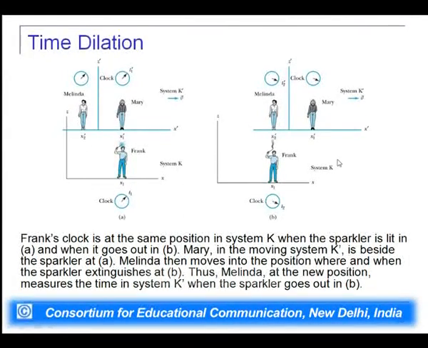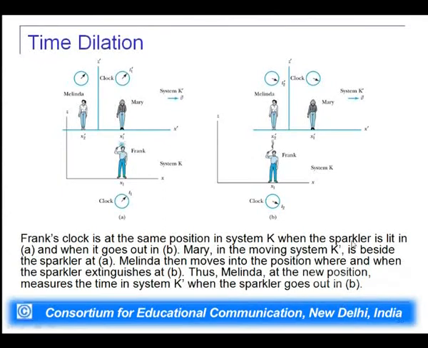X2 dash is the position of the other observer. Frank's clock is at the same position in the system K when the sparkle is lit, and when it goes out, Mary in the moving K dash is beside the sparkle at A. Then Melinda moves into the position where and when the sparkle is extinguished at B.